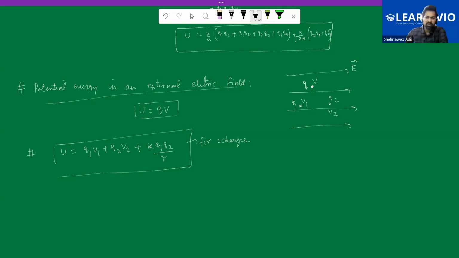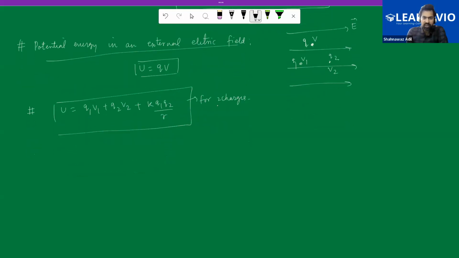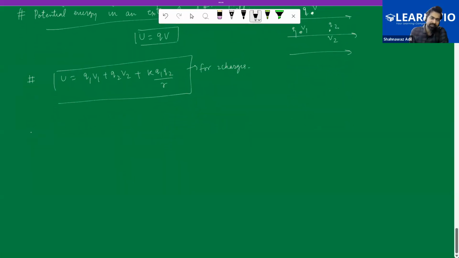Right. And we have just seen that if we don't have any external electric field, so these things are zero and potential energy is simply k q1 q2 by r. So these are the potential energies. And then in the last, we have the potential energy due to a dipole.